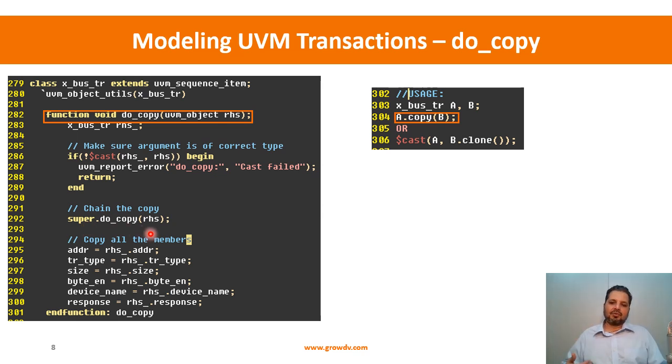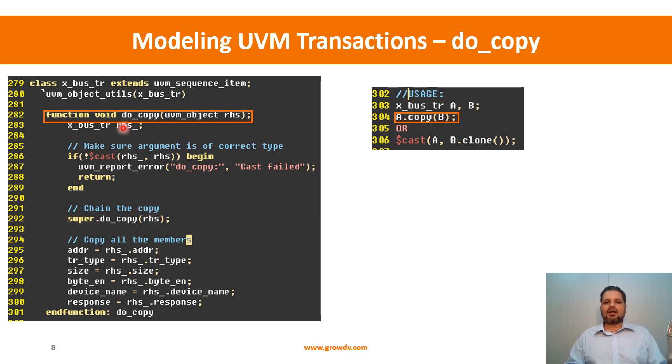There can be multiple levels in which the transaction could be implemented. Even if it is not, they still need to call the super.doCopy, because UVM itself has a few fields, right? So they need to be copied again. So you call the super.doCopy and pass the RHS, whatever argument that you had received.